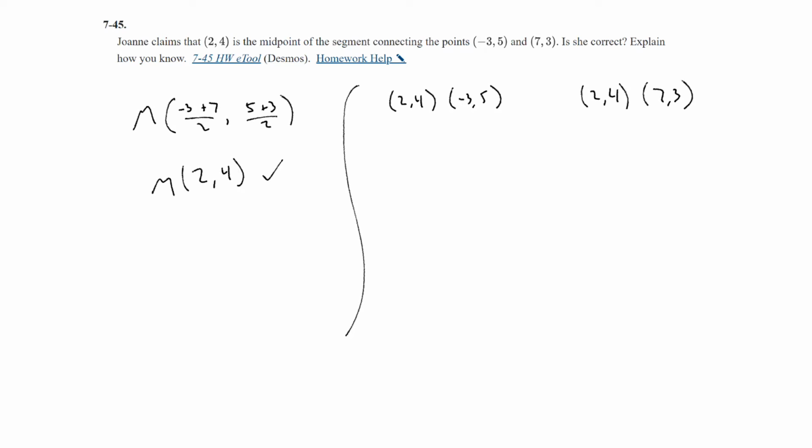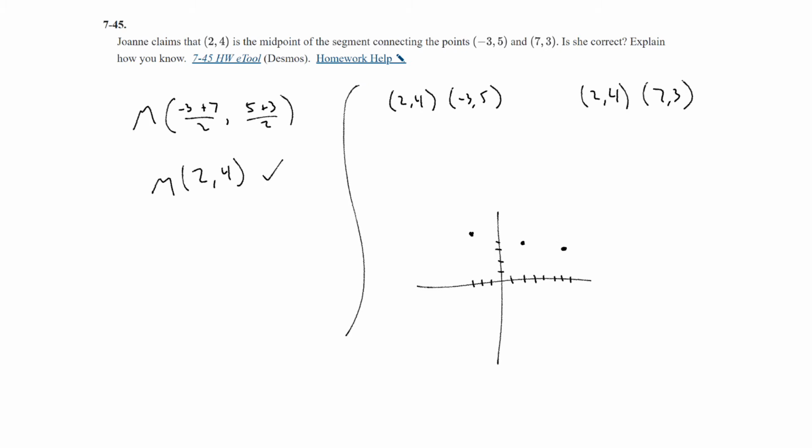If you show those distances are the same, that will show that at least the lengths are the same, but then you would also have to show that all three of these points, (2, 4), (-3, 5), and (7, 3), and do it on graph paper, all lie on the same line also, which you could do by showing the slopes or whatever for each of those.